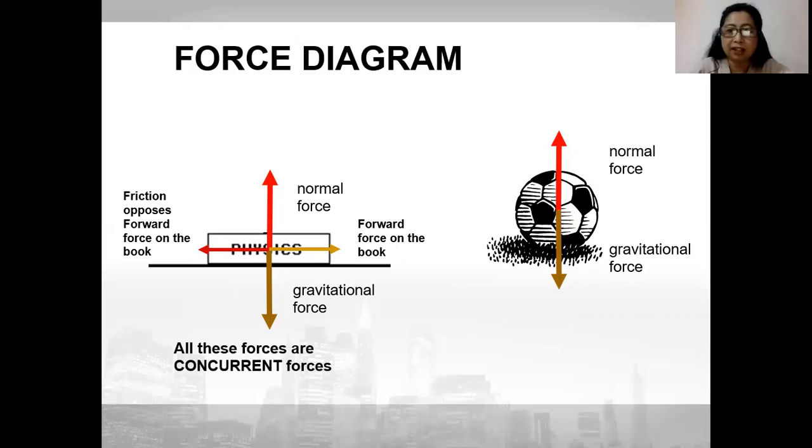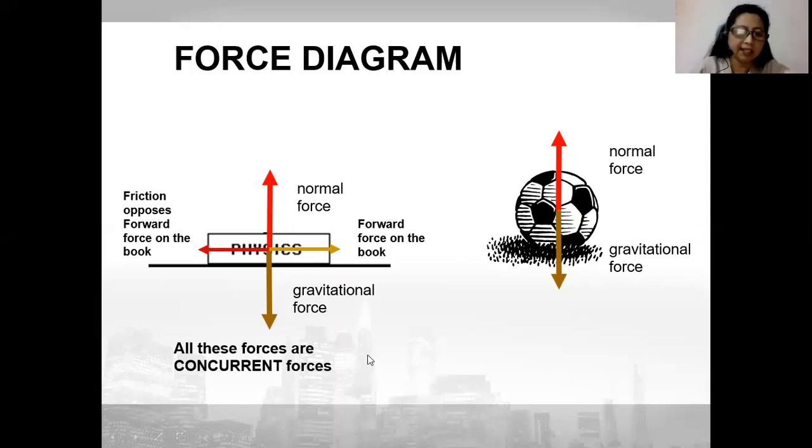Look at the length of the arrow. Look at the direction of the arrows. Okay? Observe the length of the arrows and the direction. So, the object is at rest.